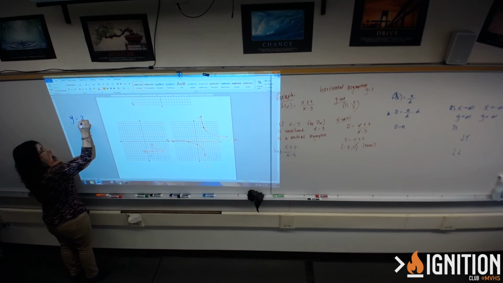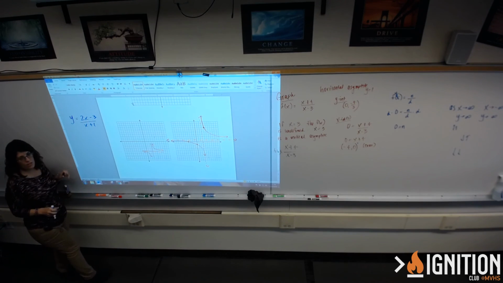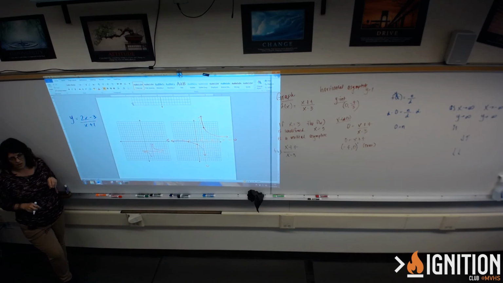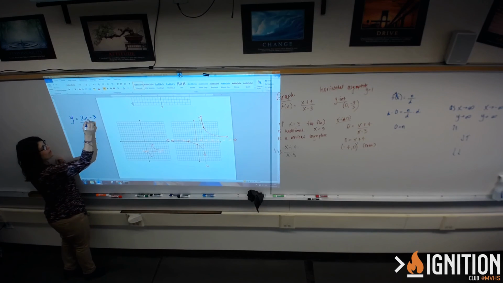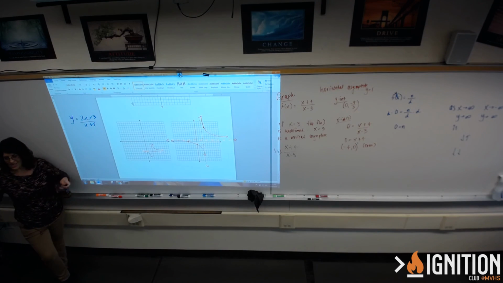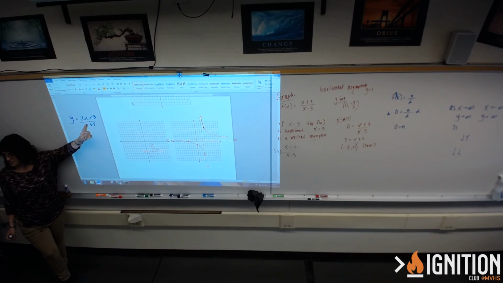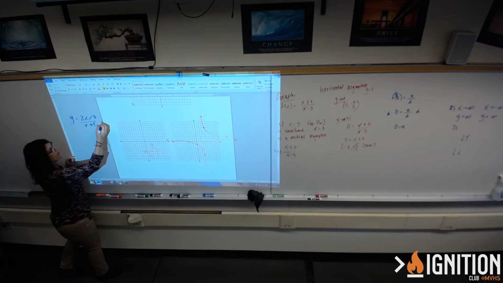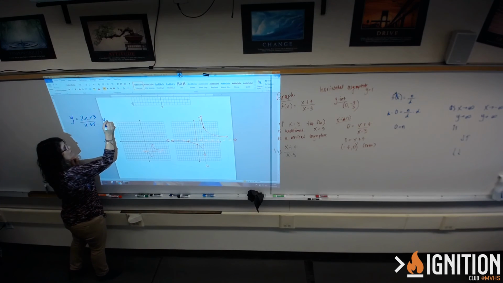Y equals 2x minus 3 over x plus 1. Where do you think the horizontal asymptote is going to be? The minus 3 and the plus 1. As x gets large, who cares about the minus 3 and the plus 1?